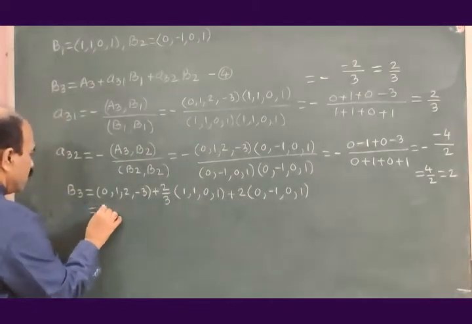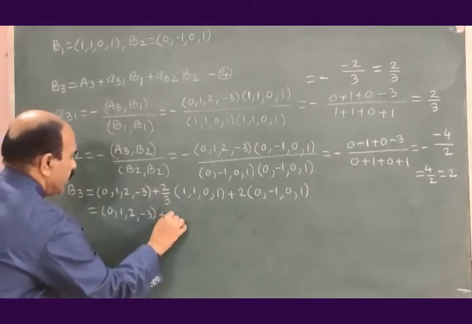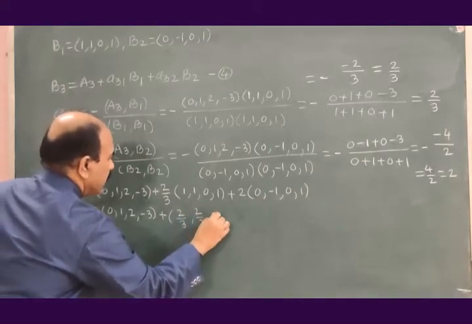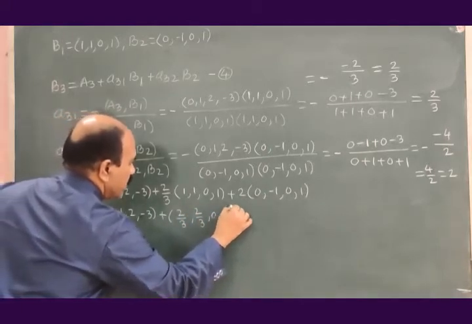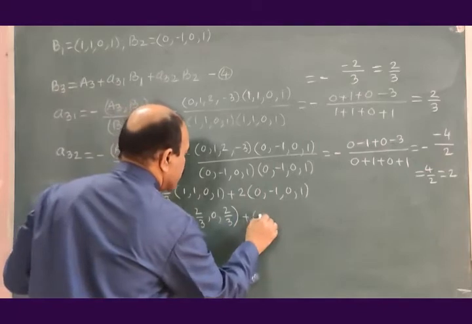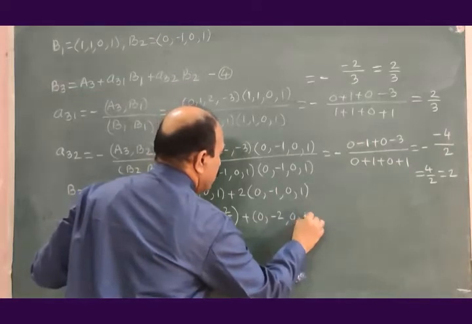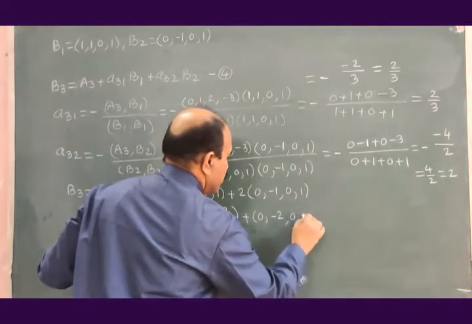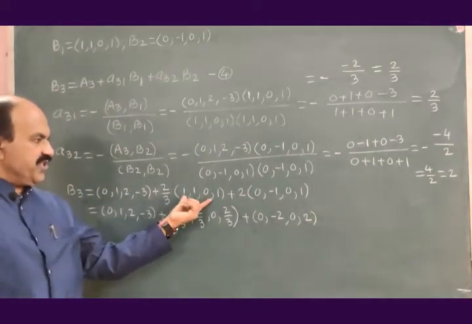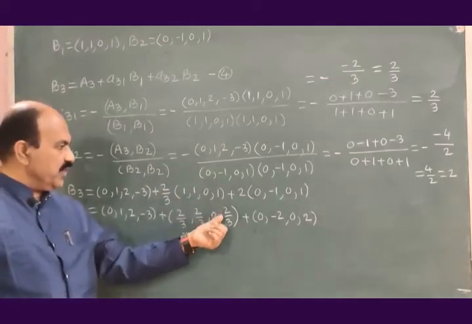This is equal to 0, 1, 2, minus 3, plus 2 by 3, 2 by 3, 0, 2 by 3, and plus 0, minus 2, 0, plus 2. This is written as it is. Each of these elements is multiplied by 2 by 3 to get 2 by 3, 2 by 3, 0, 2 by 3.